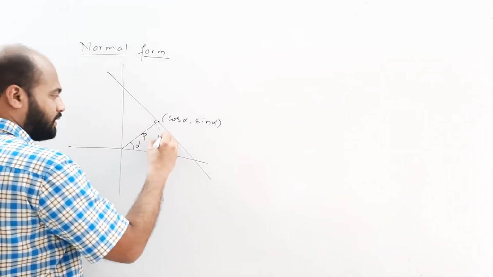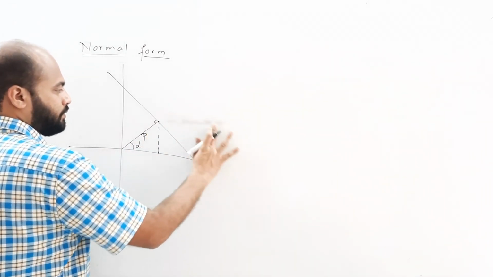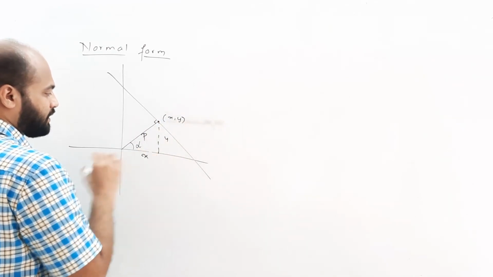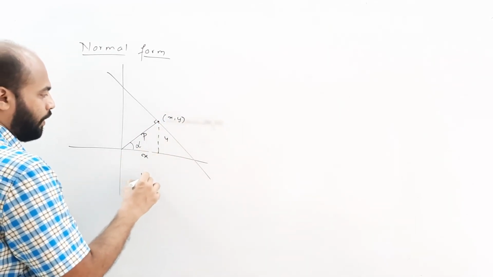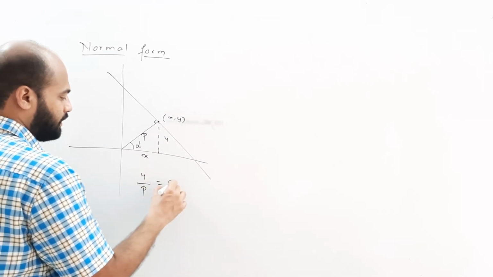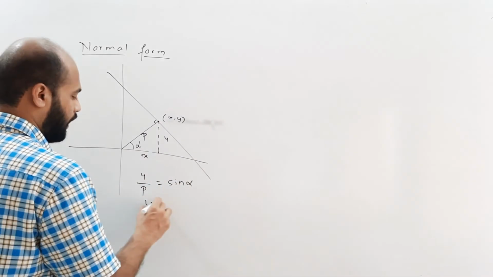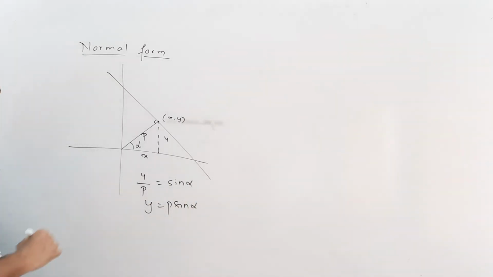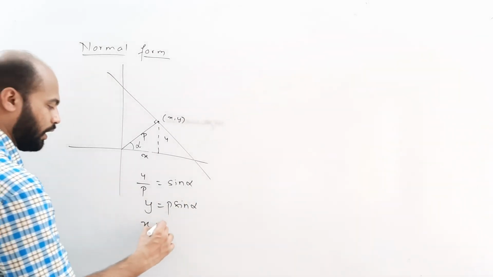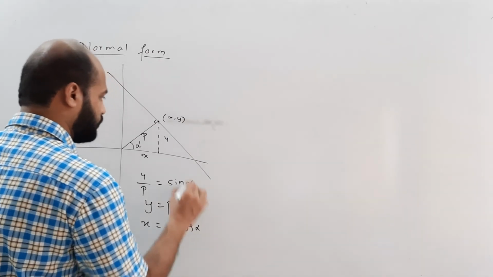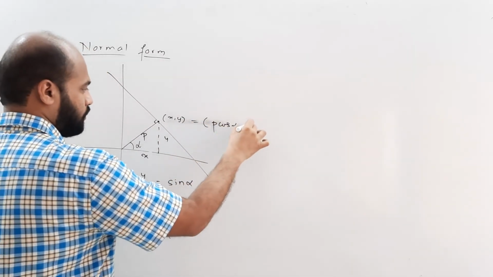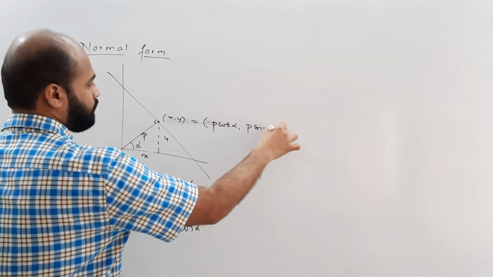Let's say this point is x comma y, so this is y and this is x, and y by p is sin alpha, so y is going to be p sin alpha. Similarly, x by p is cos alpha, so x is going to be p cos alpha. So this point is going to be p cos alpha comma p sin alpha.